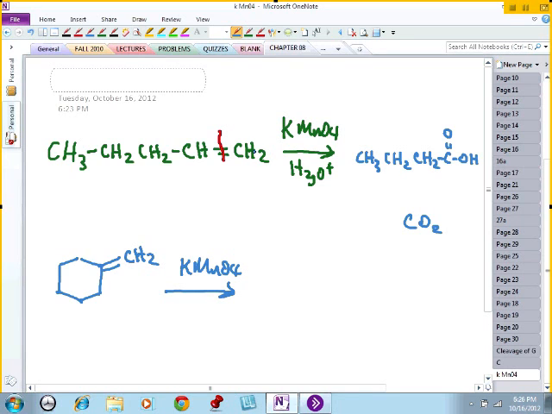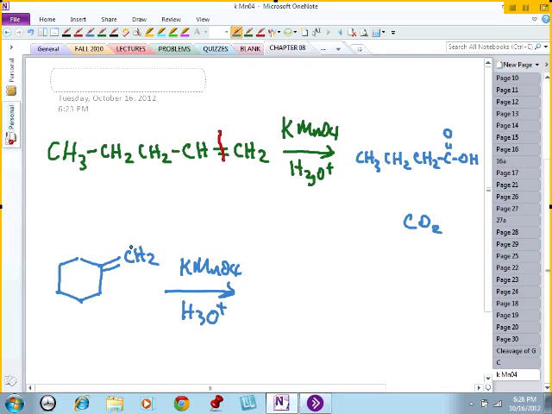This here? Yeah, it is gone because this carbon here is completely oxidized to carbon dioxide. So whenever you have the carbon-carbon double bond at the end of the chain, in which one of the carbons is attached to 2 hydrogens, then that carbon is oxidized to carbon dioxide. Okay, so what will be the product of this reaction here?